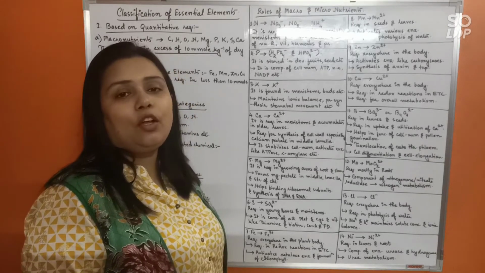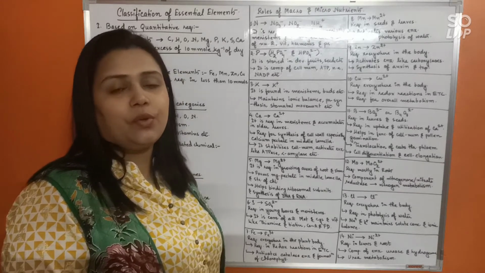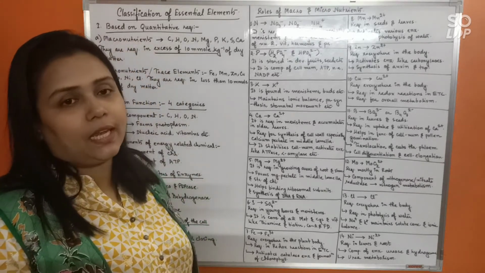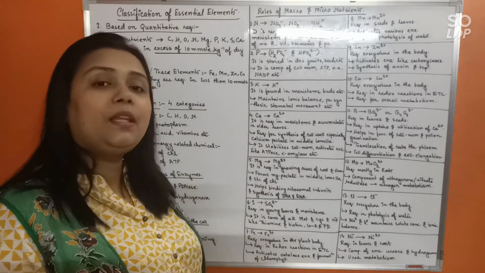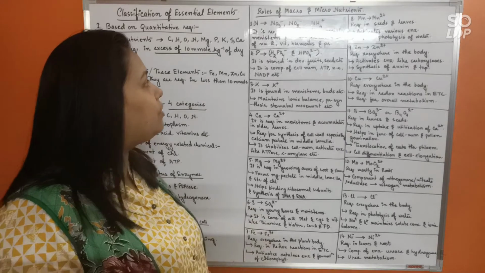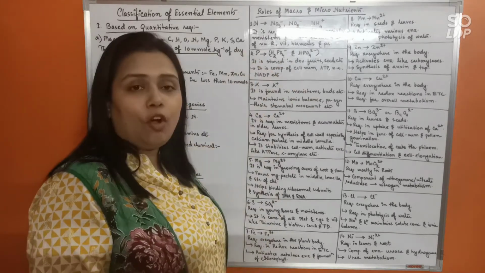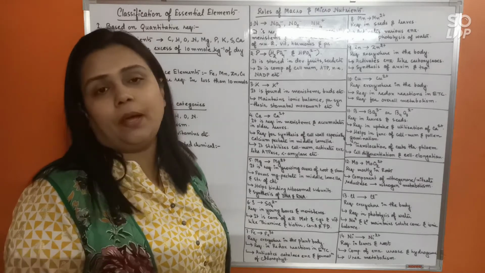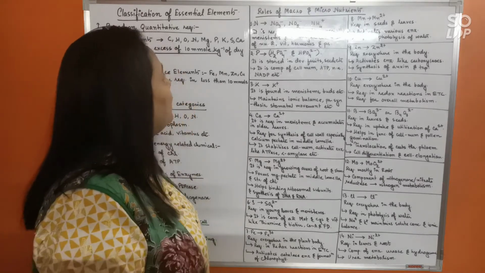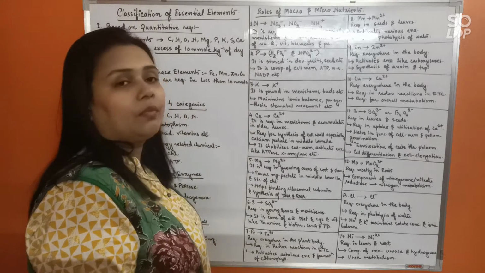That's why they cannot be passively taken up by the root, but have to be actively taken up. So let us discuss the role of mineral elements, and mostly you need to remember in which ionic form these minerals are absorbed by the plant roots. Alright. So, nitrogen.